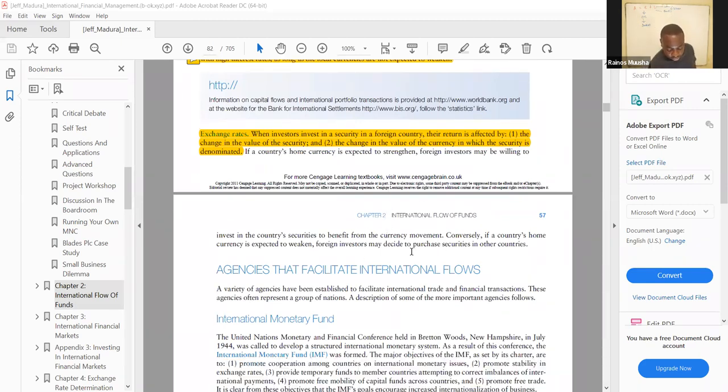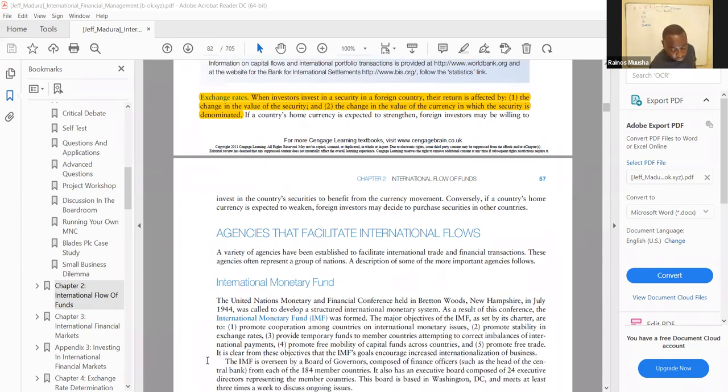In the next section, they look at the agencies that facilitate international flows. On this section, I don't really expect the lecturer to be asking you questions. Yes, in practice you need to know them, but from a FIN4802 exam preparation perspective, you don't have to worry much about them, mainly because you are going to be looking at it from a multinational perspective, and also from a South African perspective.